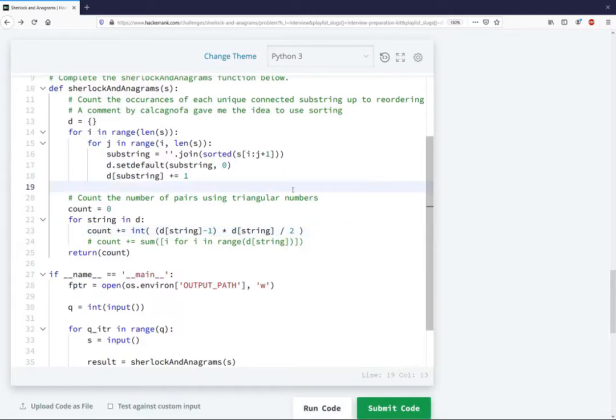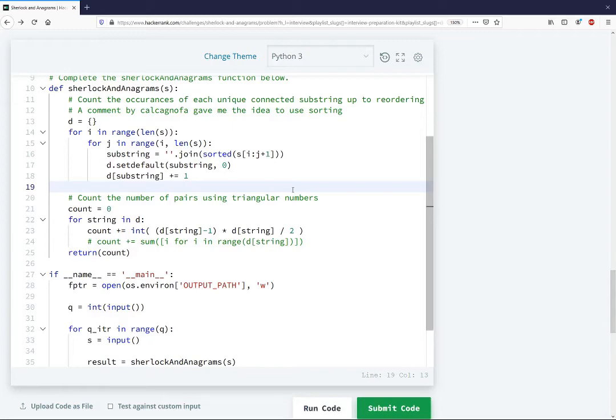Yeah, I guess the main things to keep in mind here are, first of all, it's not super well explained in the description of the problem, but you can gather from their discussion of the examples that what you're looking for is unique connected substrings, and counting the occurrences of each unique connected substring up to reordering.